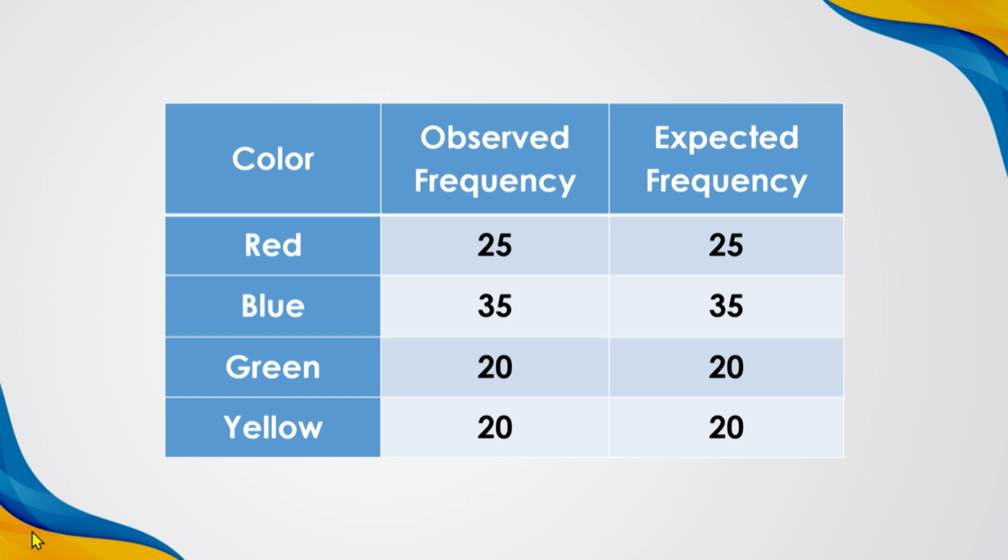Now we can see the observed frequency and expected frequency as displayed in a table here. The values of observed frequencies are 25, 35, 20 and 20. Similarly, the expected frequencies are 25, 35, 20 and 20.